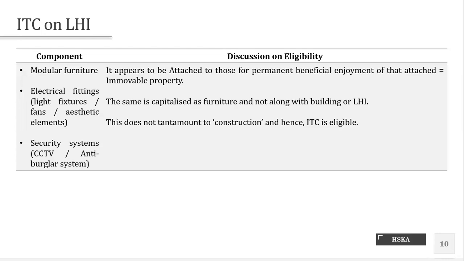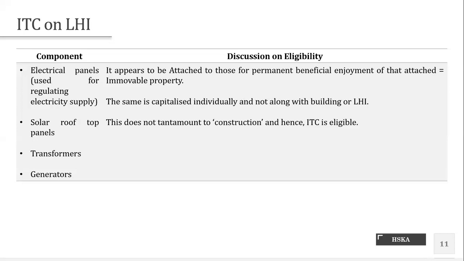So I believe since the restriction is for fully functional, ITC should be disallowed, because without any of these, my building is not complete. Same goes with my electrical panels, the transformers, the generators. So should I redo this after getting back on construction, because it looks like on all of the slides, the answer is going to be ineligible only.